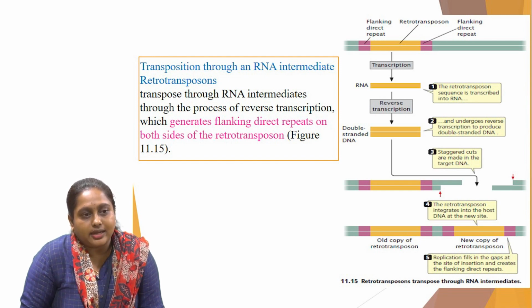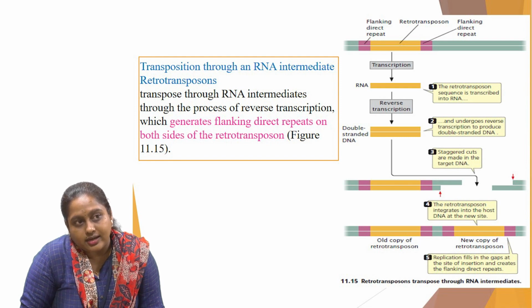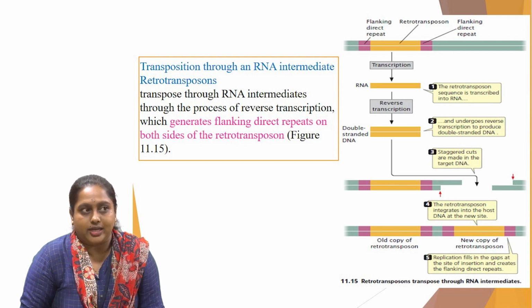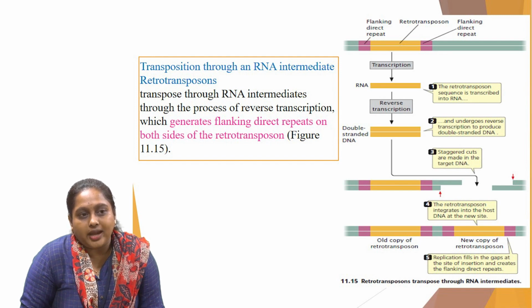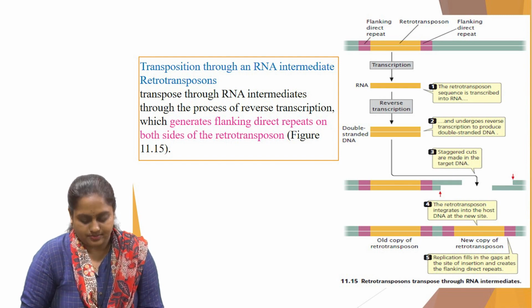Here you can see in the double-stranded structure, the old copy of the retrotransposon is still present, and this double-stranded DNA is the new copy of the retrotransposon inserted into the DNA molecule. So it is copy and paste. These are the retrotransposons, which transpose through an RNA intermediate.